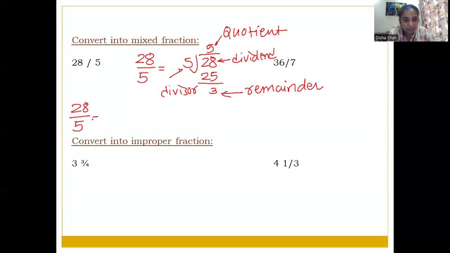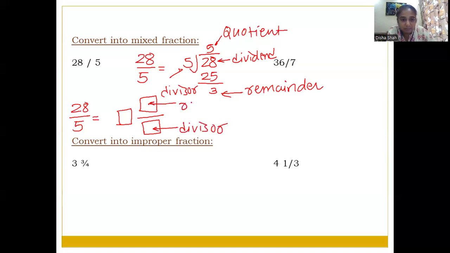28/5 को हम कैसे लिखेंगे? First of all, ऐसे इस तरह से लिखा जाएगा. Since it is a mixed fraction, we'll write in this particular form. ठीक है. यहां पर हम लिखेंगे divisor. Here we will write remainder, and here we have to write quotient. This is how we have to write.